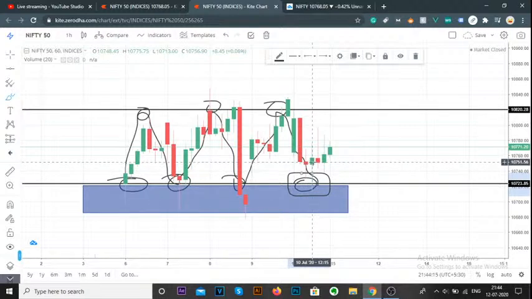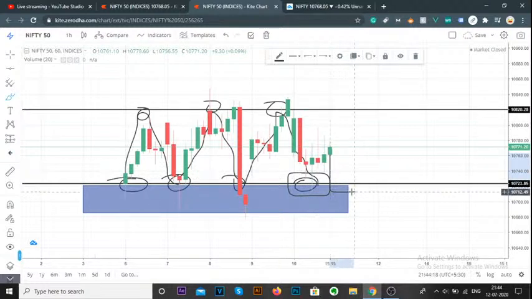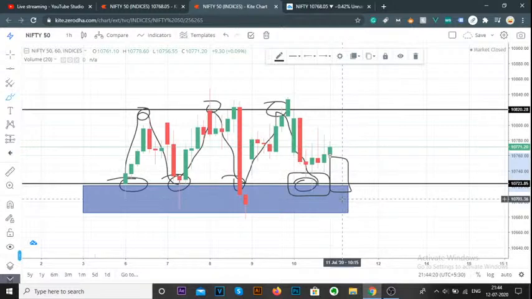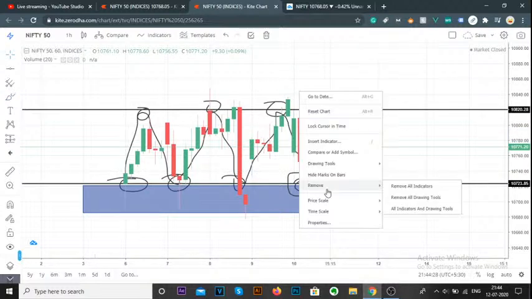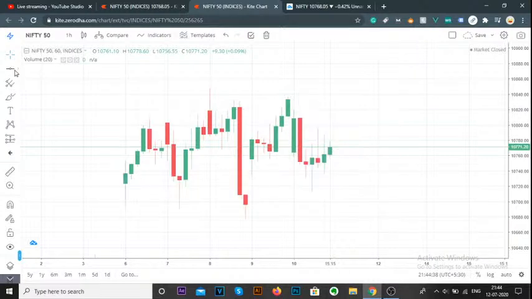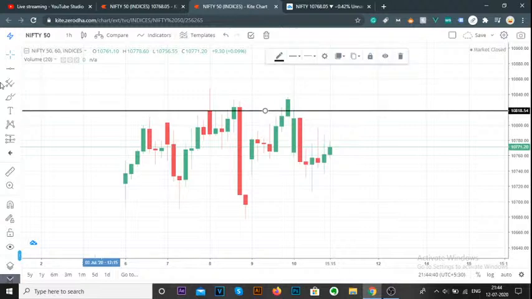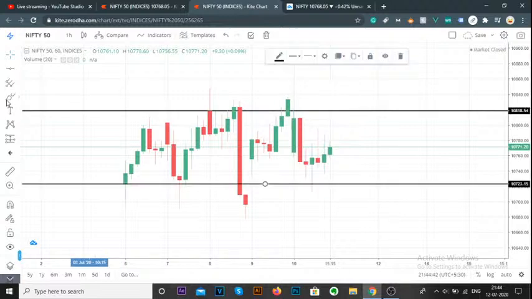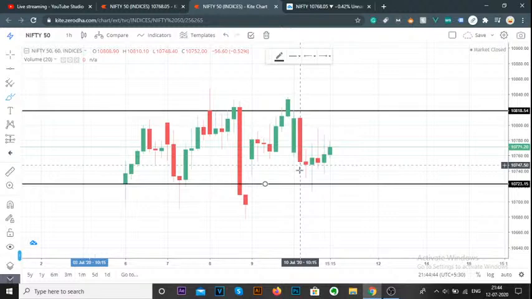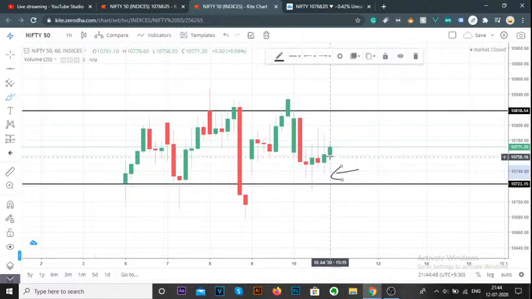The second case scenario is the market can come down till here, form a red candle here, and then it can push high, because the closing was not done over here. The closing was not done at this certain point, so the candles can form here or the candles can directly push up to a certain point.